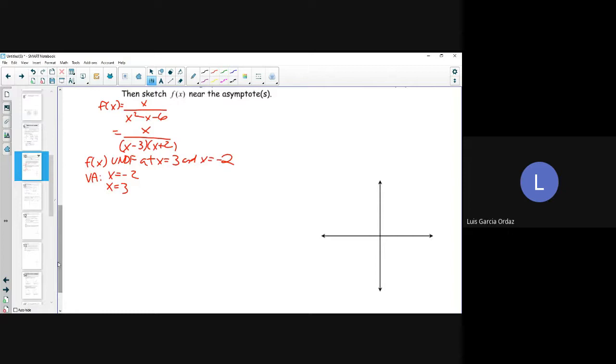So let's draw my vertical asymptotes. So I have 3 over here, and let's say I have negative 2 over here. x equals 3 and x equals negative 2.